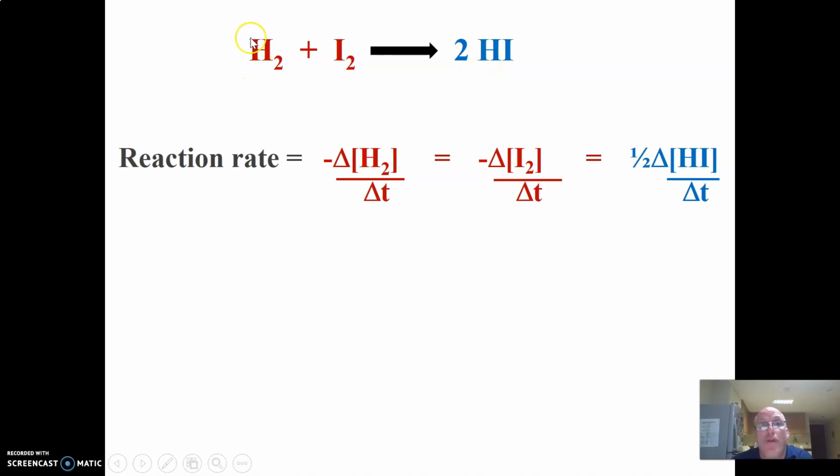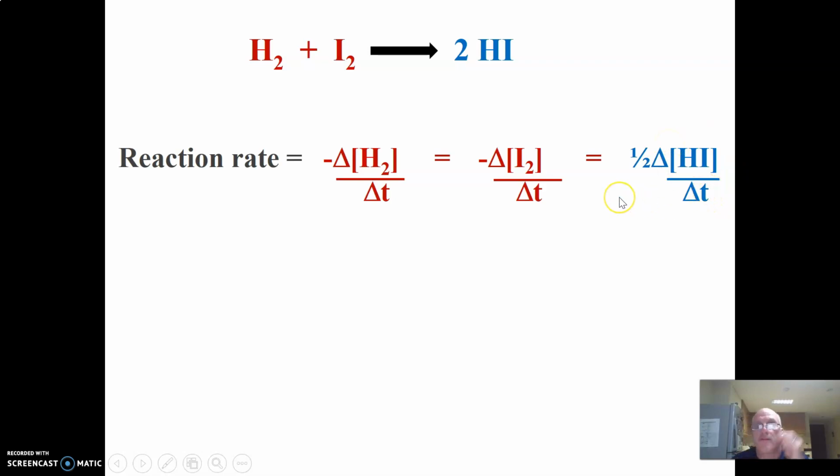So that means the rate of disappearance of this, or this, is going to be half the rate of appearance of HI. Again, the rate of disappearance of this is going to be half the rate of appearance of this. And I've written it here, look. The rate of disappearance of hydrogen, or iodine, is half the rate of appearance of HI.